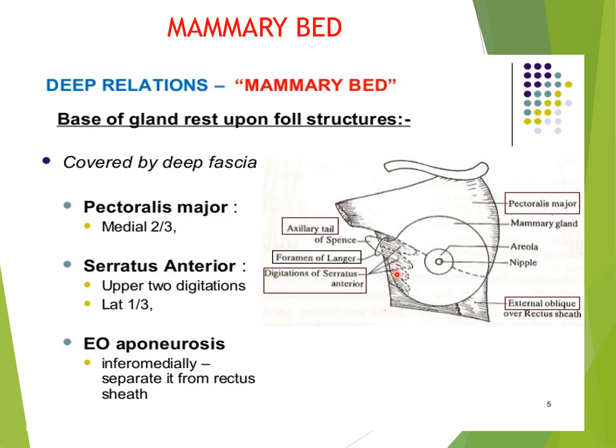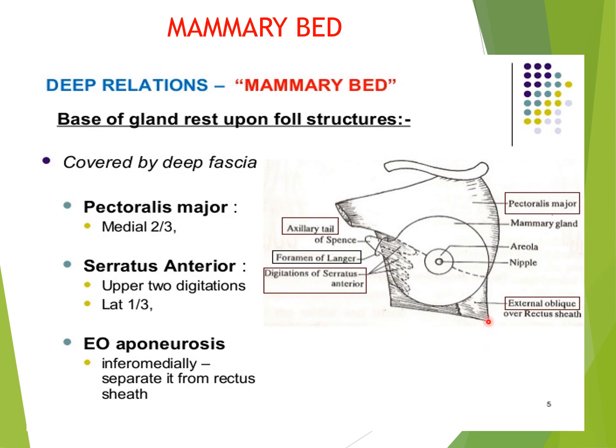Then the external oblique aponeurosis, in the infero-medial quadrant, that is the lower medial quadrant. This aponeurosis of the external oblique separates the breast from the rectus abdominis muscle.